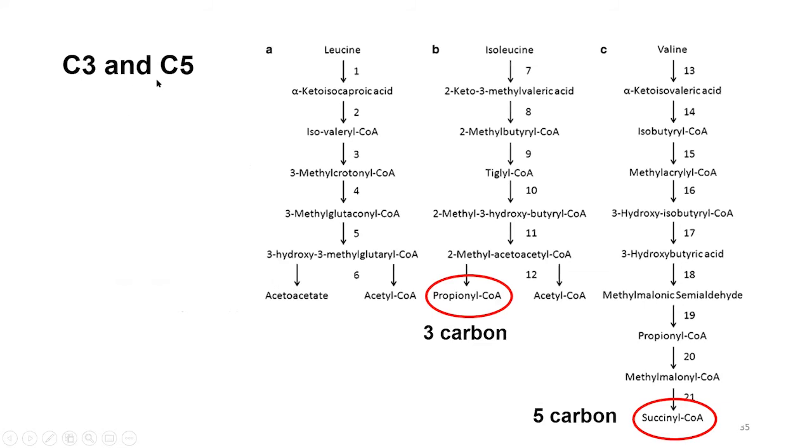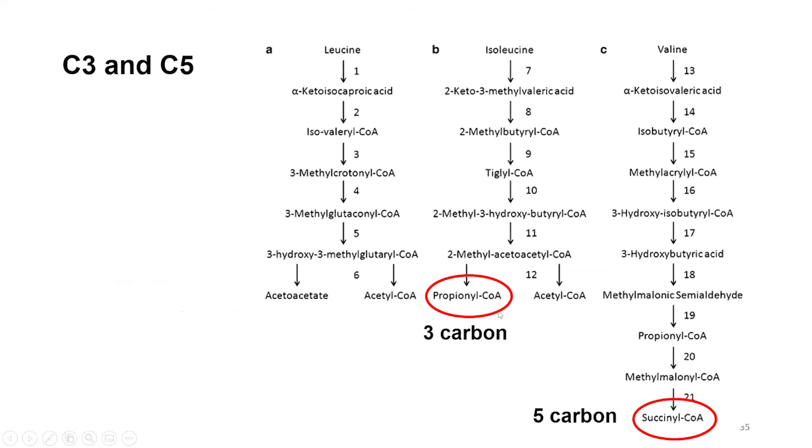So the C3 and the C5 carnitine are important ones to look at when you're looking at these panels, because they are a signal of amino acid catabolism. The reason is that when you break down the branched chain amino acids, leucine, isoleucine, and valine, that pathway is well described.